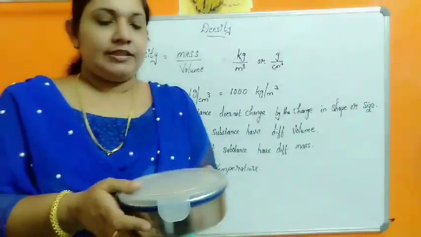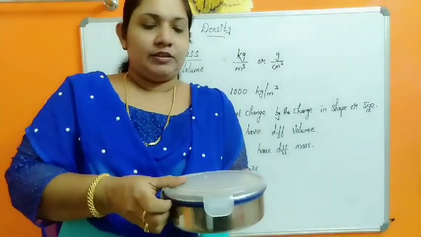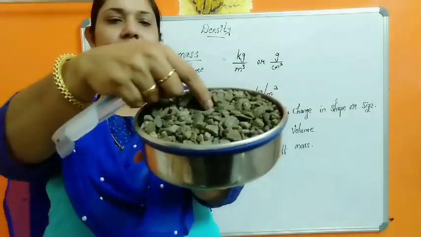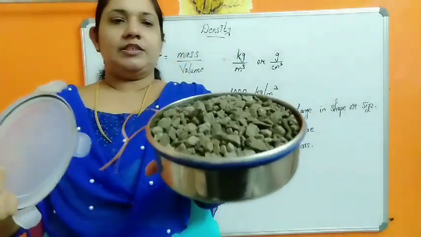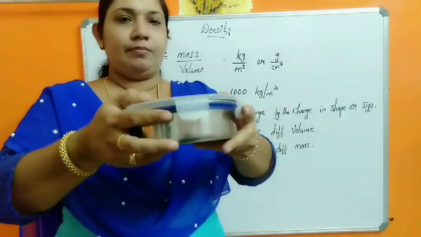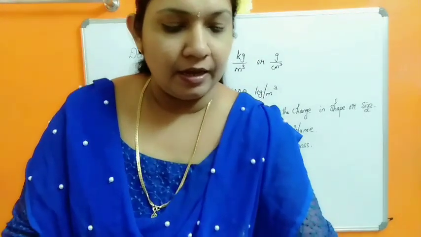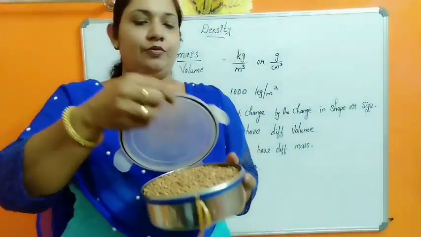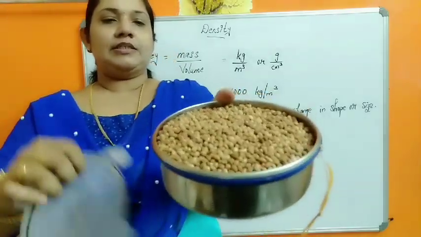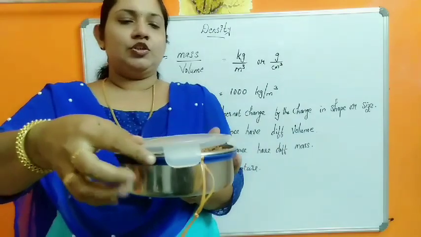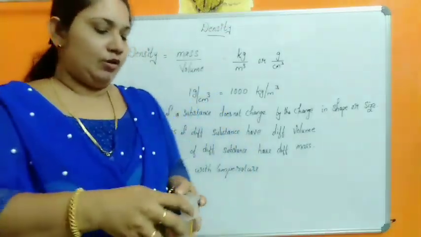But you can see I fill each tiffin box with different objects. Here it is metal, that is small pebbles. So I fill one tiffin box with metal and the second tiffin box I fill with pulses, peas. So both have the same volume.